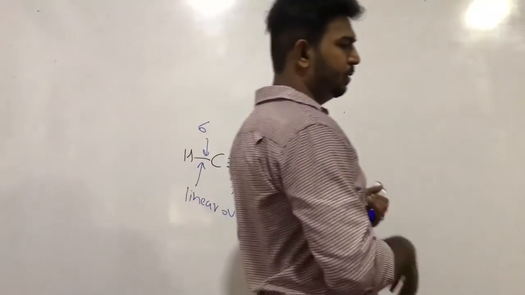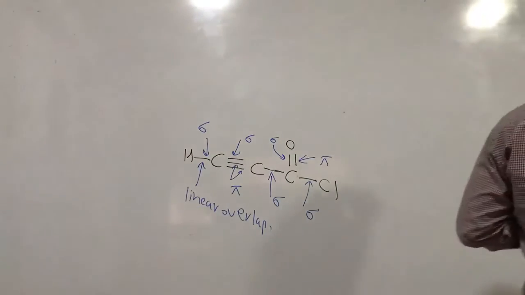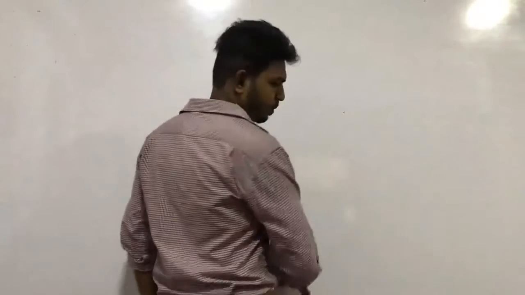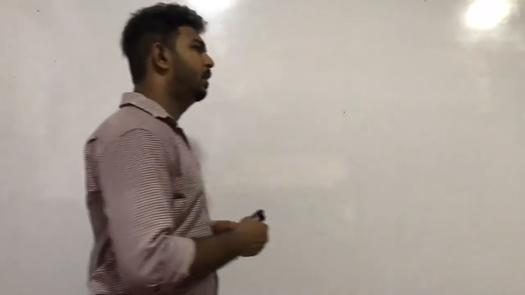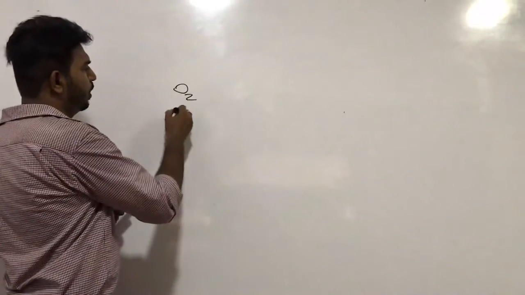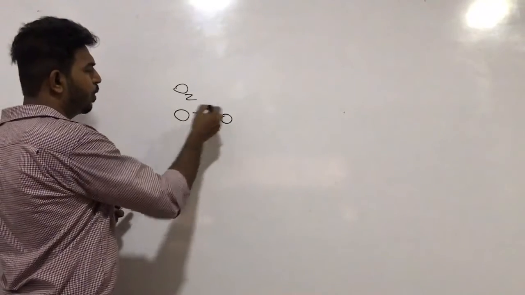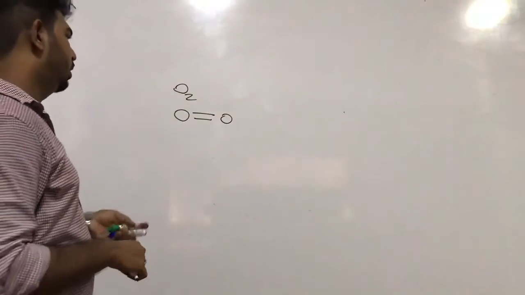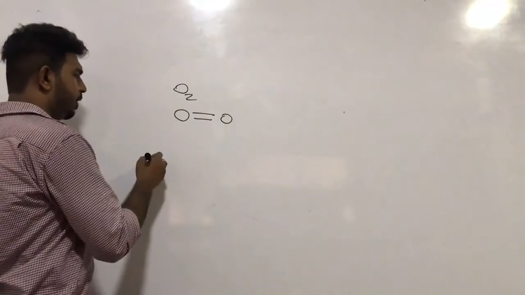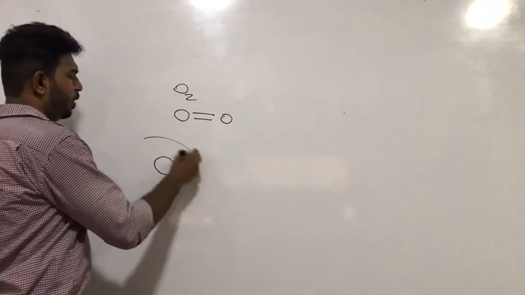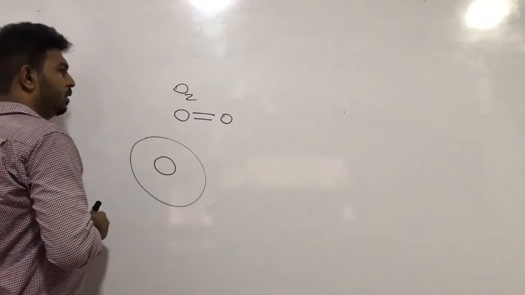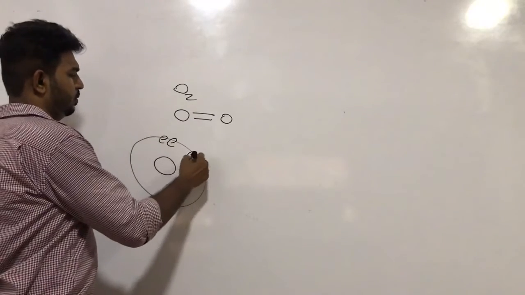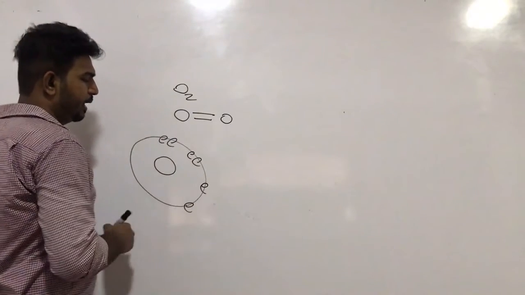So let's assume an O2 molecule. We know that there are two bonds in the O2 molecule. If we consider the last electron shell of oxygen, there are 6 electrons.